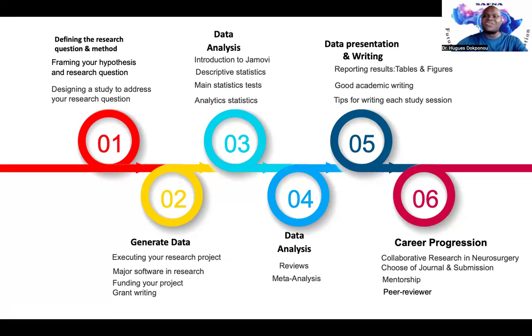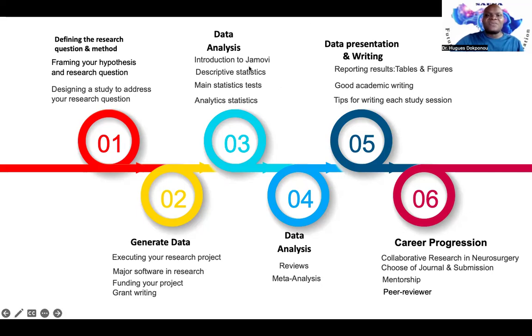So the next webinar, which will be module 2, will handle the question of running the project. We will talk about executing the research project, the major software that can be used in research, and, if time allows, how to fund the project and write a good grant.